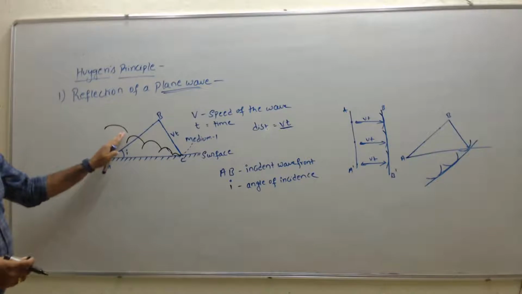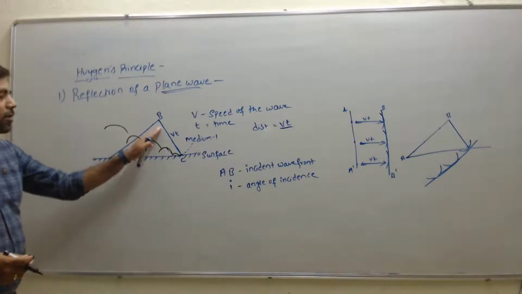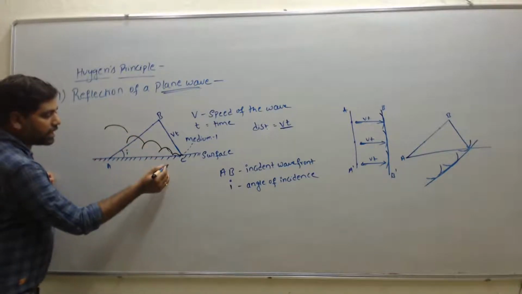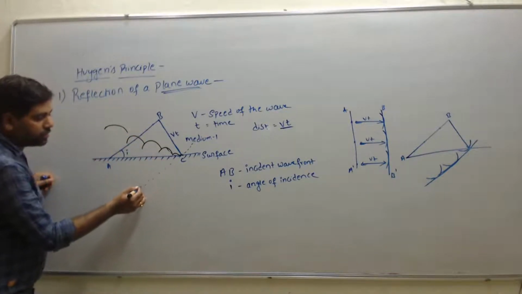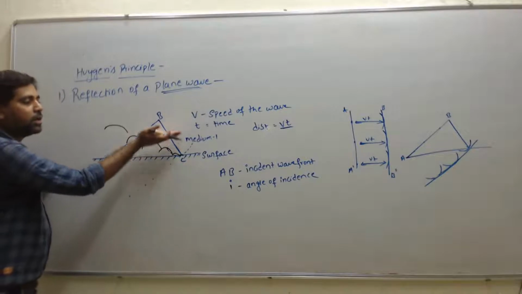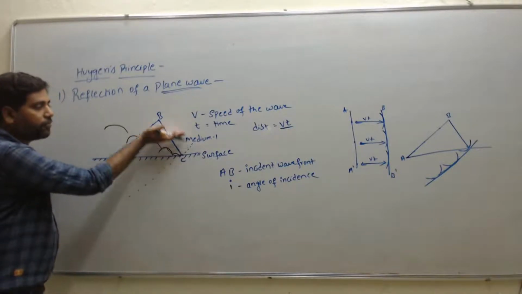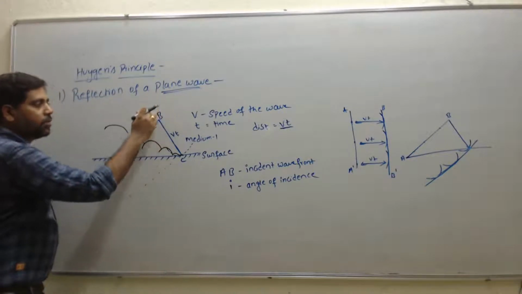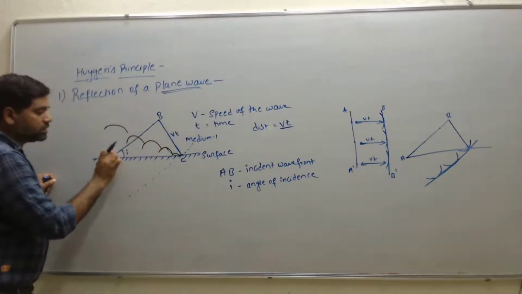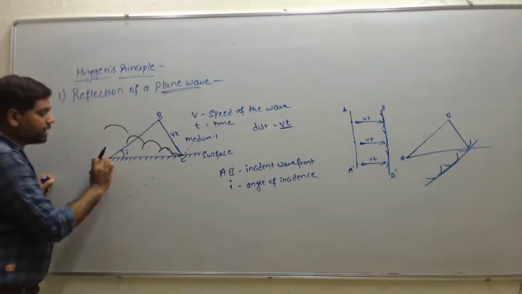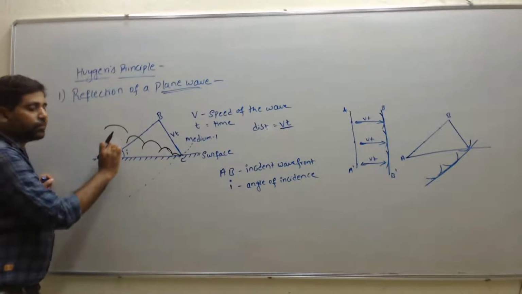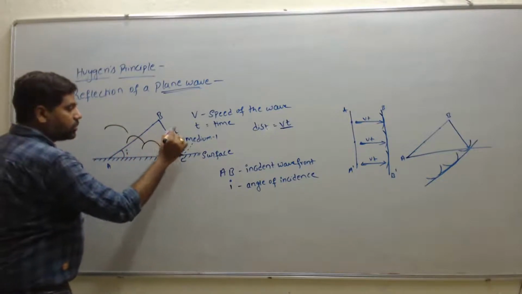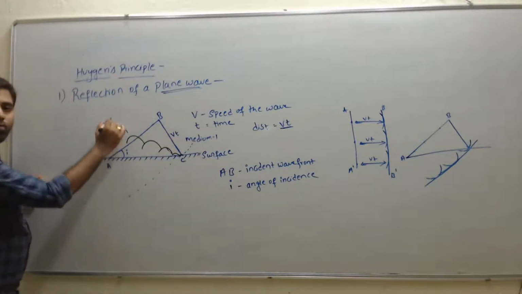These are the spheres for the different points, because these points are not transmitting into the second medium; they are reflecting back into the same medium. That's why the distance traveled by the B source is equal to the distance traveled by the A source, but the A source reflects back into the same medium, so at the same distance point A has to move back.